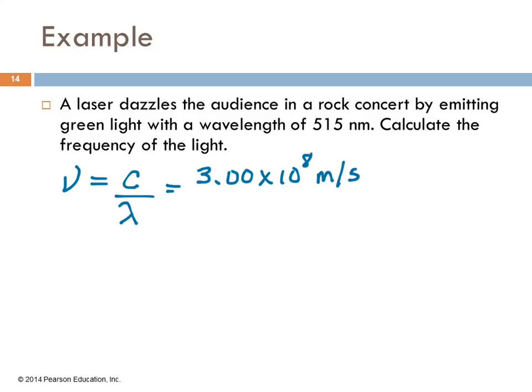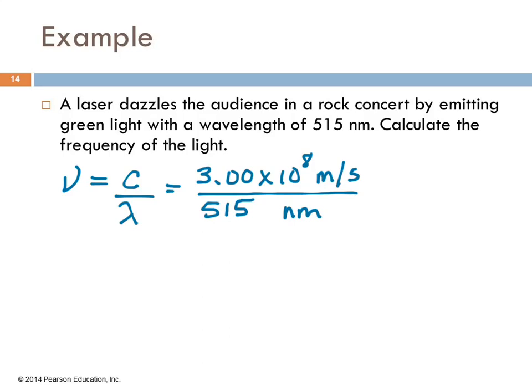So there's the speed of light, and we want to divide by the wavelength, which is 515 nanometers. Are the units going to work out? No, because nanometers and meters aren't going to cancel.